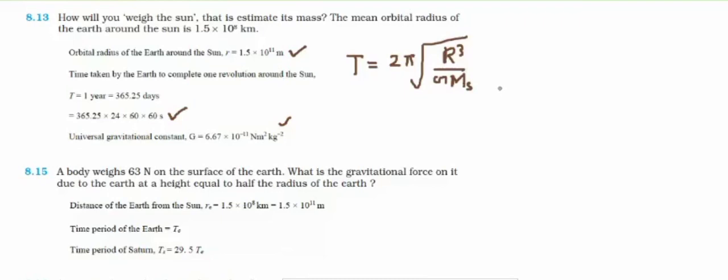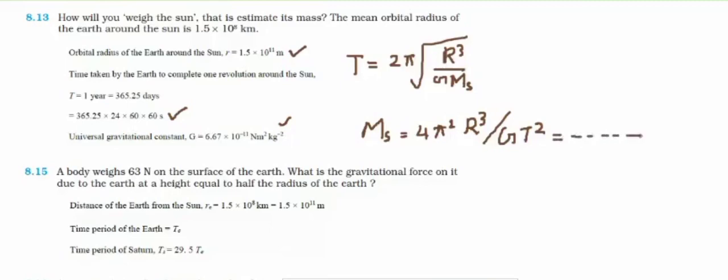How can you calculate the mass of Sun? Square this equation. After squaring this equation, you will get the mass of Sun, Ms, is equal to 4 pi square R cube divided by G T square. So substituting the values, you will get the answer.